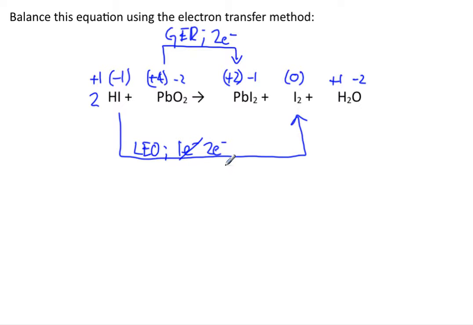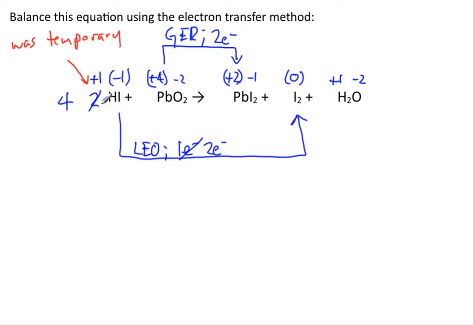So now I balance the rest by inspection. And hopefully you realize this is where you have to go back and look at the iodine. I have 2I and 2I, I have 4 here, so 4 iodine. And that's what I meant by temporary coefficient. So this 2 was temporary. On occasion, you have to change that coefficient, so don't be afraid to if you need to.